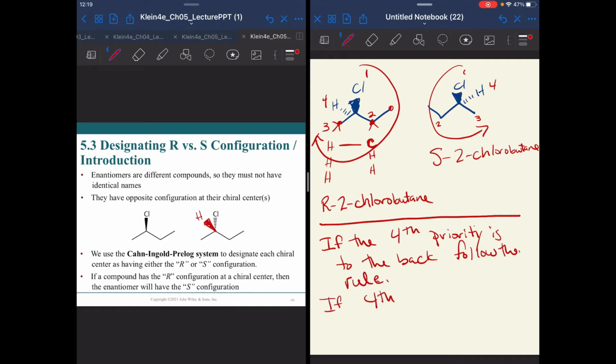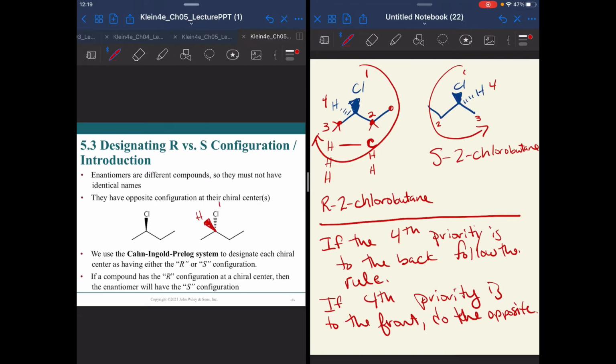If the fourth priority is to the front, so wedged, coming towards you, you're just going to do the opposite. This only gets tricky when the fourth priority is in the plane, and we'll cover that in a little bit. But if the fourth priority is to the back, follow the rules. R is clockwise, S is counterclockwise. If the fourth priority is pointing towards you, then it's the opposite.